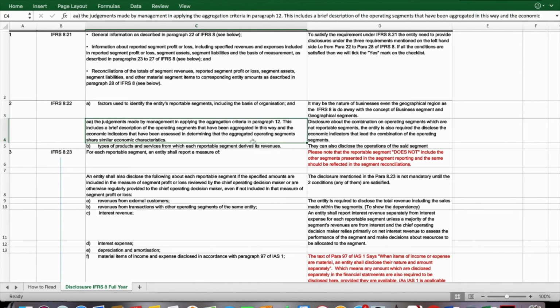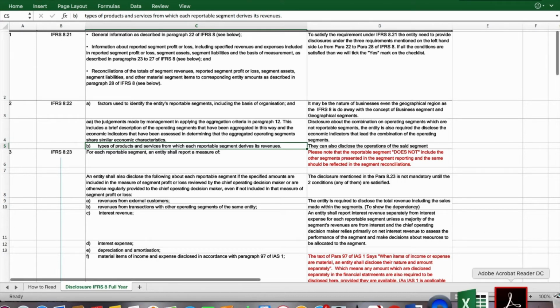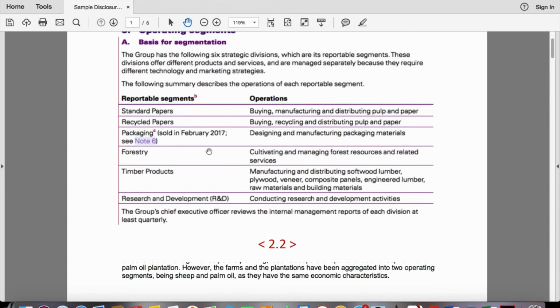The second point would be the type of products and services from which the reportable segments derive their revenue. So these are the reportable segments, and these are the operations. The standard paper is in itself a reportable segment, and its main source is manufacturing of pulp and paper. So basically, they purchase and sell these pulp and papers.